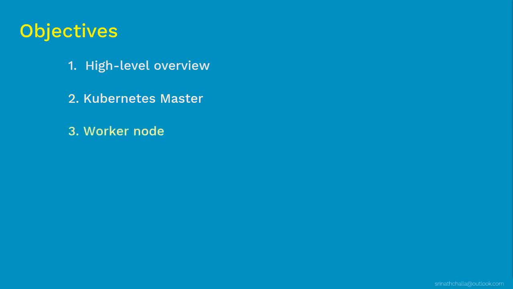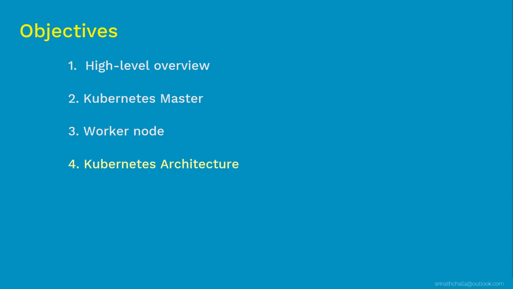There are 5 primary things you'll be learning as part of this. First, I'll show you the Kubernetes architecture overview at a very high level. Once you get comfortable with it, we will next look at the Kubernetes master component. Then we will look at the Kubernetes worker node. After that, we will combine the master node and the worker nodes together to form the complete Kubernetes architecture.